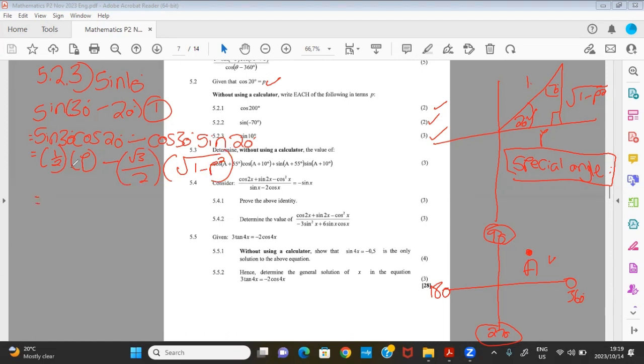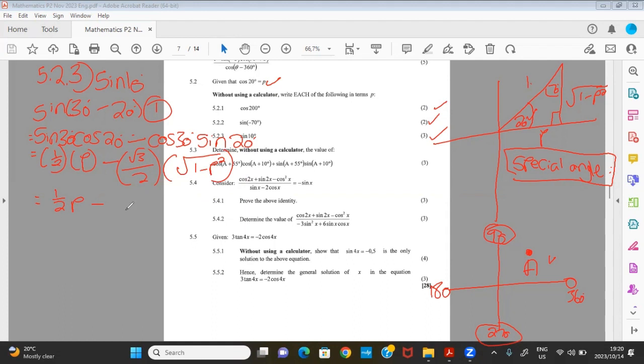You see that? I just have to work everything out. I'll have half of p minus what? Also be careful of the square roots.